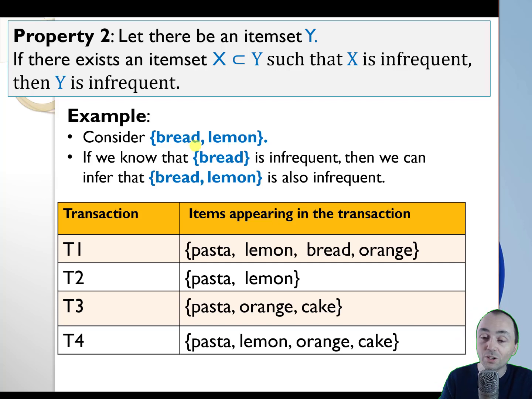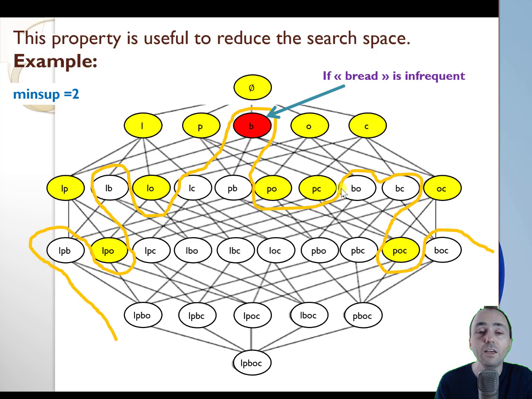So let me show you this with the picture I showed to you just before. Here in this picture, if you know that bread is infrequent, which I put in red, that means it's not frequent, then you know that any other item set that contains bread cannot be frequent as well.